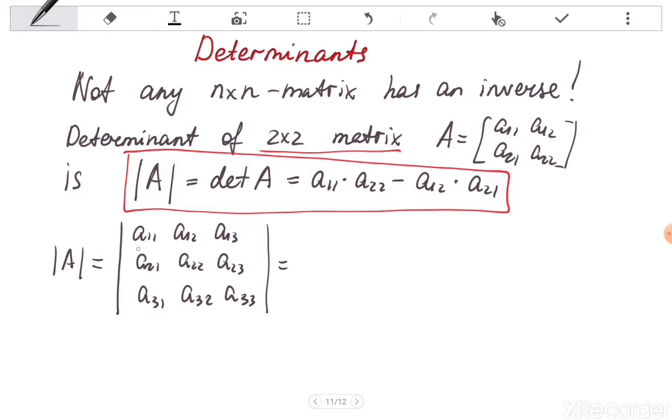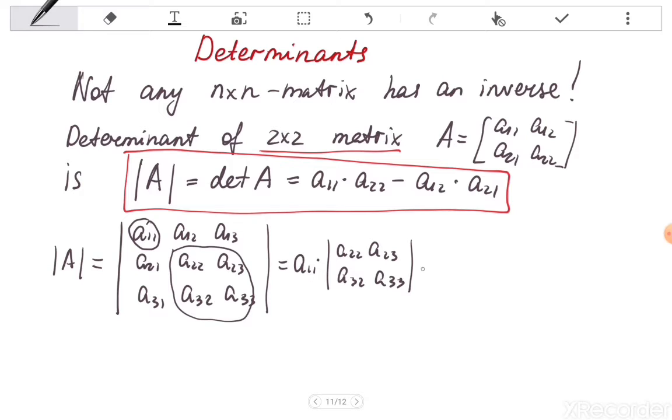We choose, for example, the first row, and we multiply A11 by the determinant of this matrix, A22, A23, A32, and A33. Then minus this thing by the determinant of the matrix which is left.